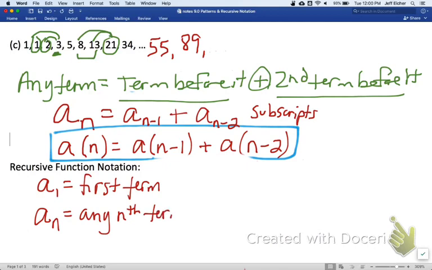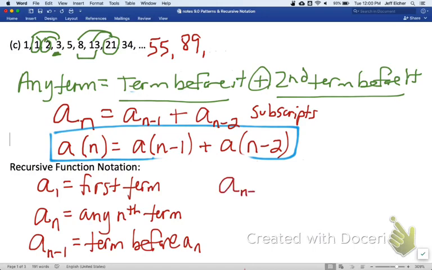So if n is 8, that would be the 8th term. A sub n minus 1, that would be the term before a sub n. And maybe if we had a sub n minus 2, like the one we just had, that would be 2 terms before.